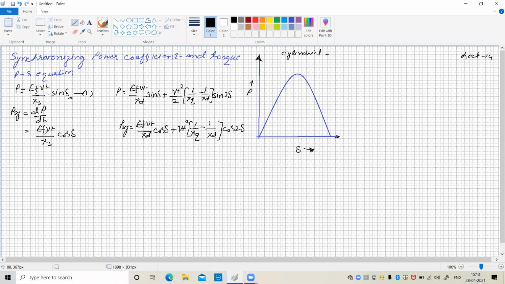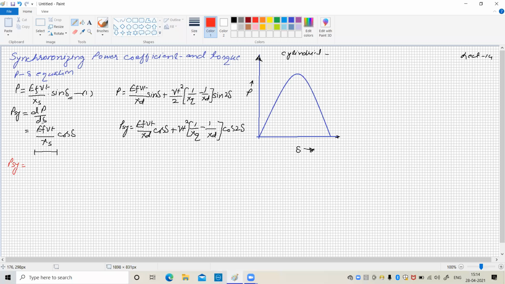Now, if you look at this equation, PSY is nothing but EF Vt upon XS into cos delta. So this constant term remains as it is in the power angle characteristic. Only the change is cos delta. Now we are going to plot the curve for the synchronizing power coefficient.